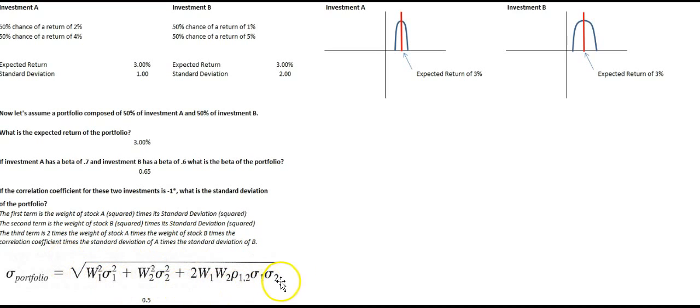Take the square root of all that mess there, and you end up with a standard deviation of 0.5. So we have the same expected return for the portfolio, 3%, but we don't have 1 unit of risk, we don't have 2 units of risk, we have 0.5 units of risk. So by artfully crafting our portfolio, we can have the same return, but with less risk.